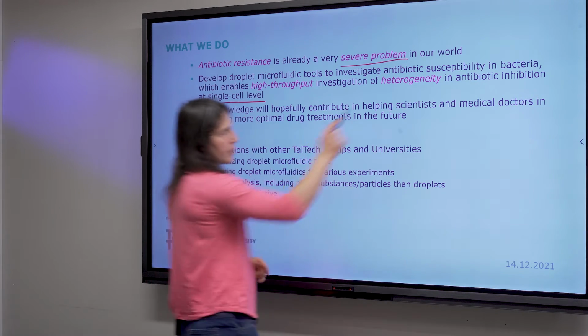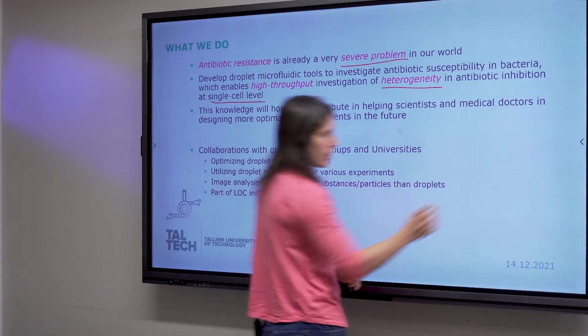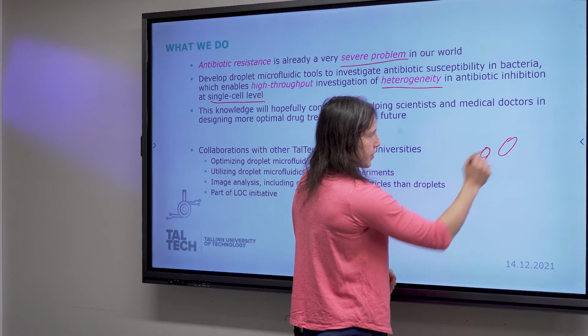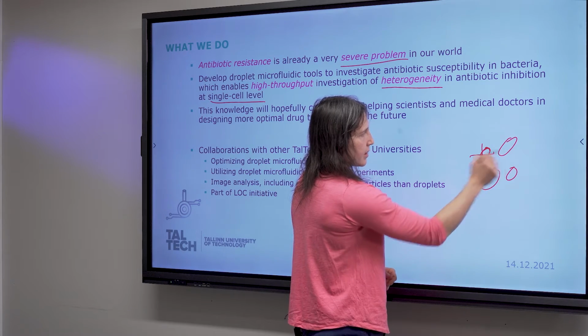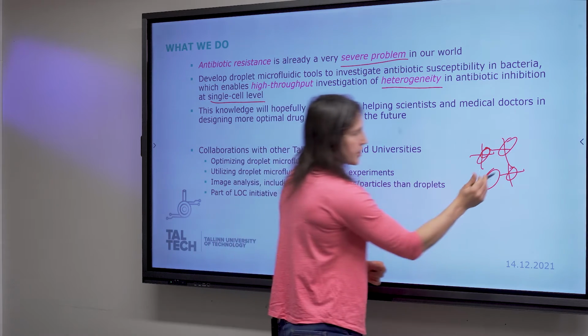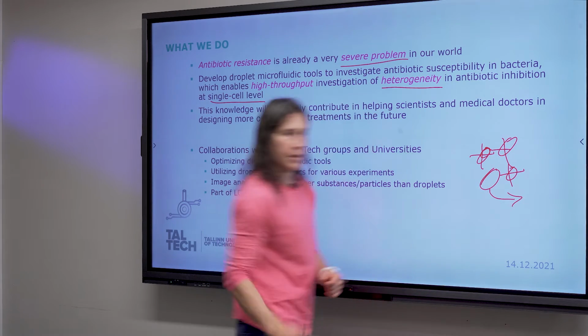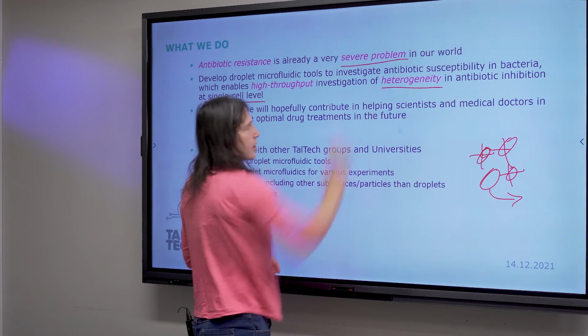When we talk about heterogeneity, it means that when you have a bunch of bacteria, as we saw in our previous slide, some get killed, but one single cell of bacteria survives and can multiply and pass on this resistance. So this is what we mean by heterogeneity.